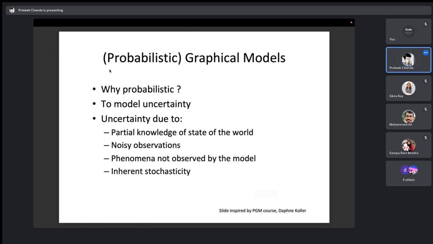Similarly, there are other cases, like phenomena that are not observed by the model, and also some level of stochasticity, or randomness, that can create this sort of uncertainty.